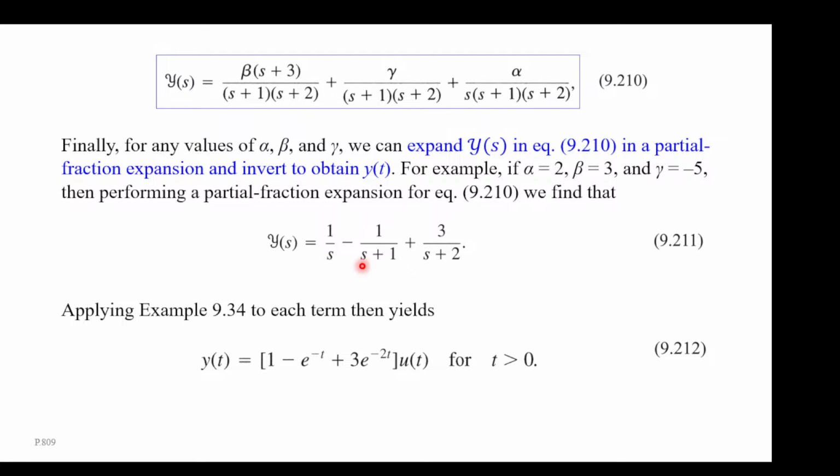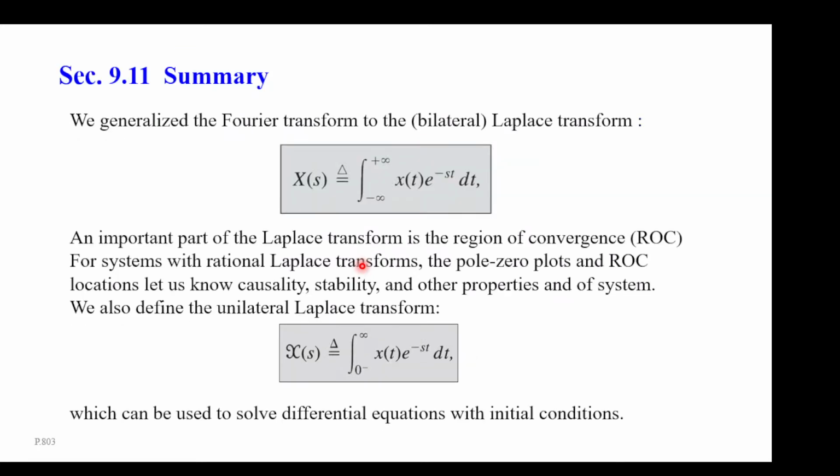If not, we have 1 minute, so let's go over a quick summary. So here is a quick summary of the chapter. We define two transforms. We have the bilateral Laplace transform, which is a generalization of the Fourier transform, where the integration variable is not restricted to j omega, pure imaginary.